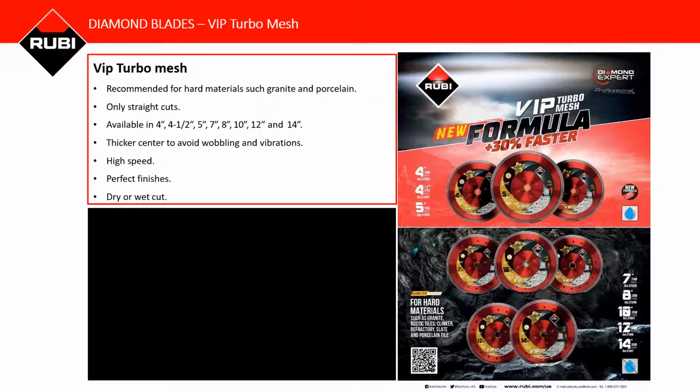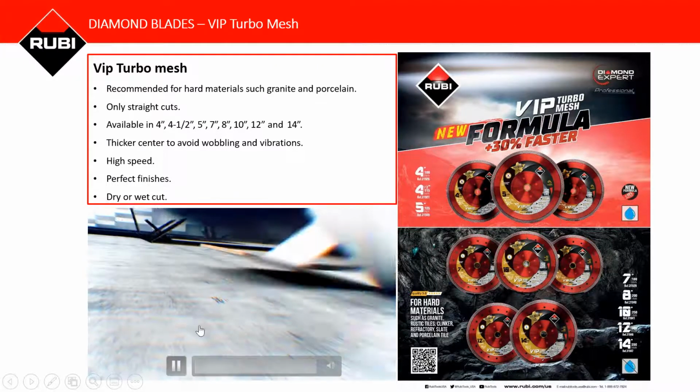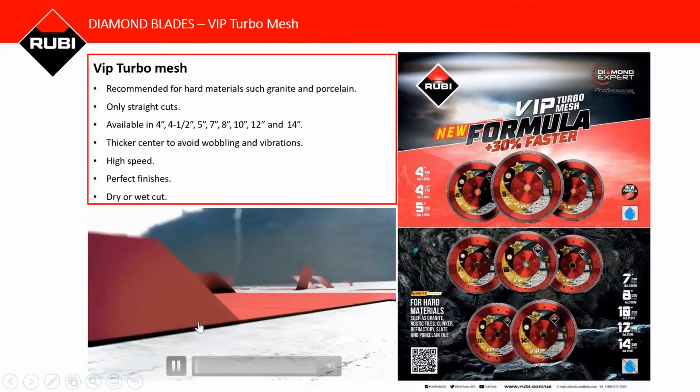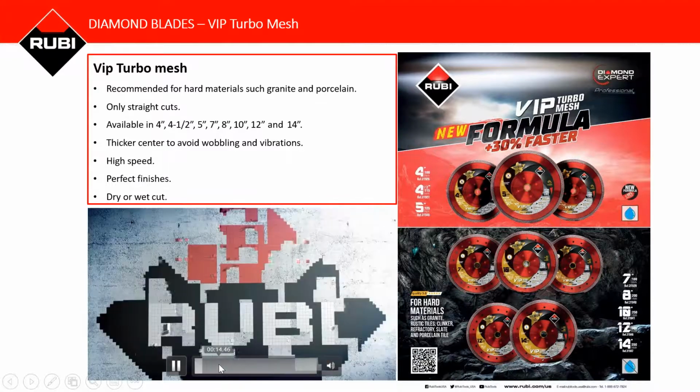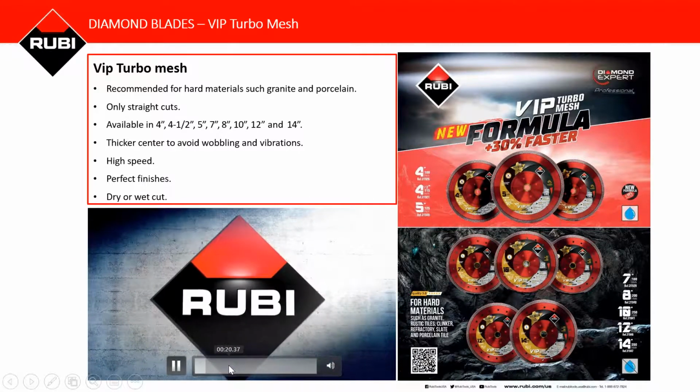So the reinforced core is there to help us out with any wobbling or any extra vibrations that we may incur from either our grinder or TC 125, or if we're using it on a wet saw. It's a high-speed blade. It's virtually a chip-free finish.